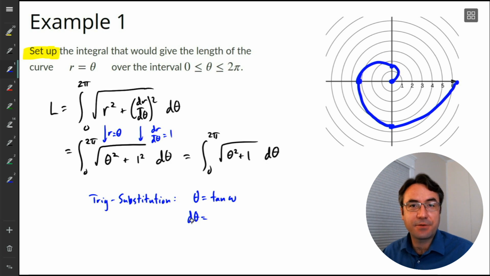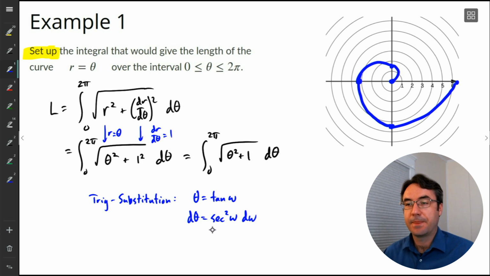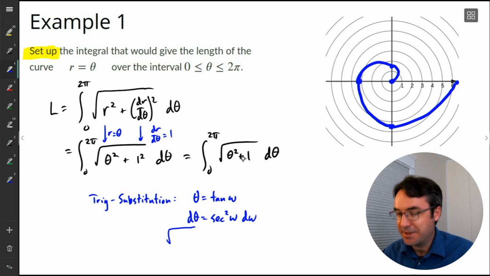Let's calculate the differential. What is the derivative of tangent? Secant squared, d theta equals secant squared w dw. And then what would be the square root term? How would that simplify? I like to write my square root terms as 1 plus, so I'll just write it as 1 plus theta squared.